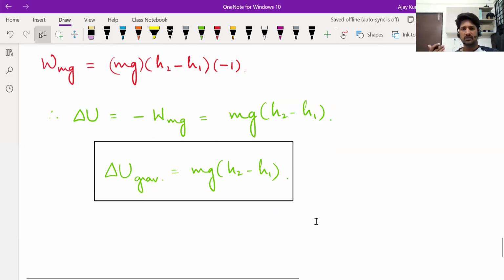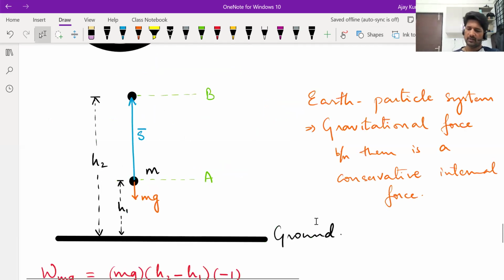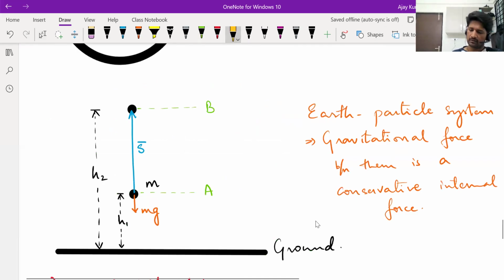Suppose h1 is 0. Ultimately it depends on the height by which the object rises. The extra height by which it rises is what matters. Whether it rises from h1 or from some other level, by what extent it rises is what matters.